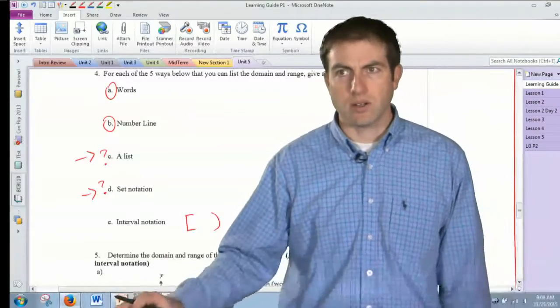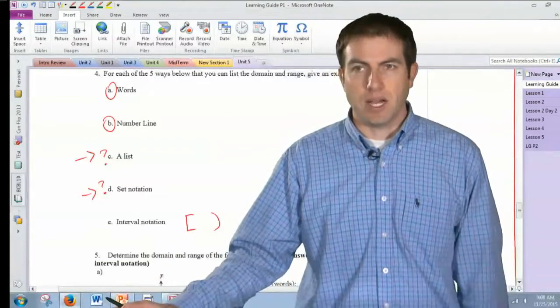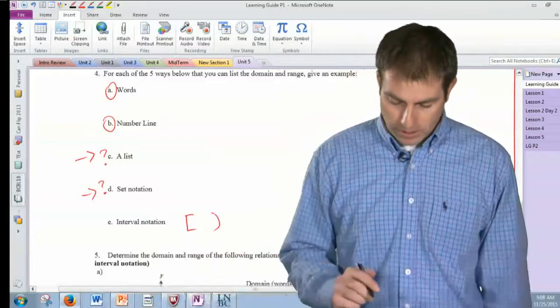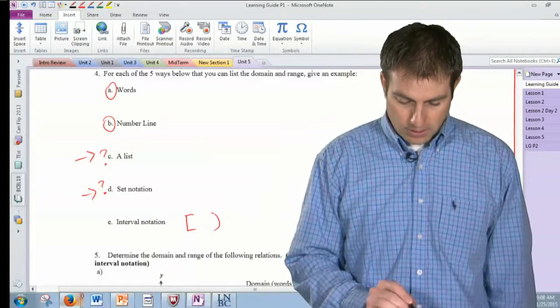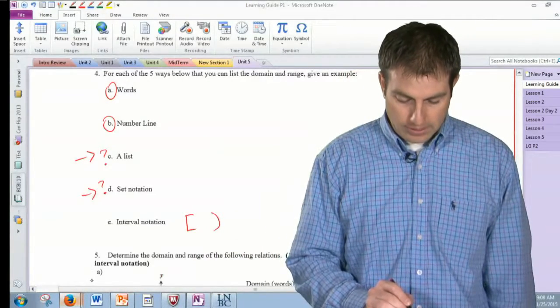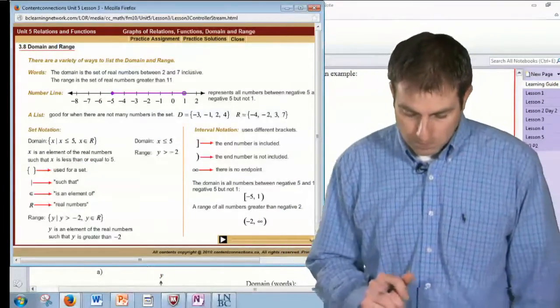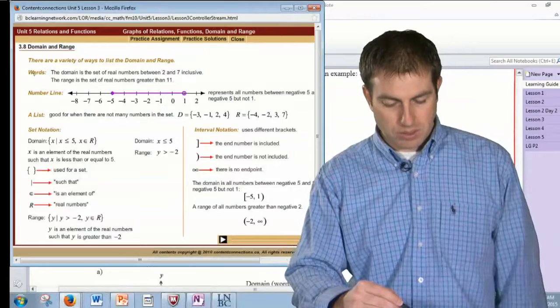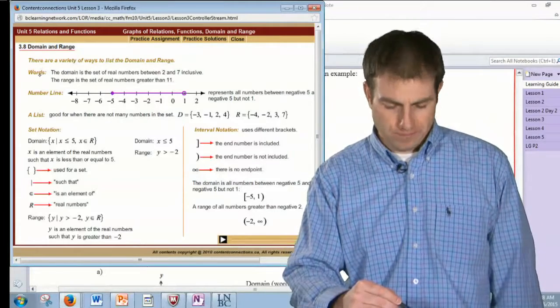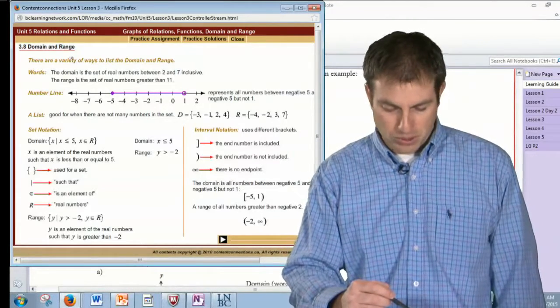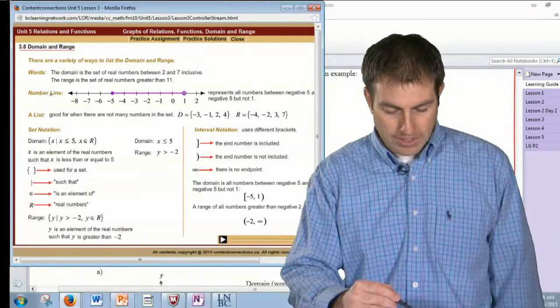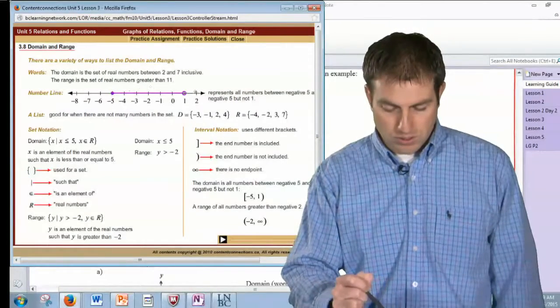I went over all of these, maybe except number line, and I looked into the lesson in the course, and this is what it looked like. Words is pretty self-explanatory. That's just words: the domain is between 2 and 7. Number line is pretty straightforward: closed dot, open dot.